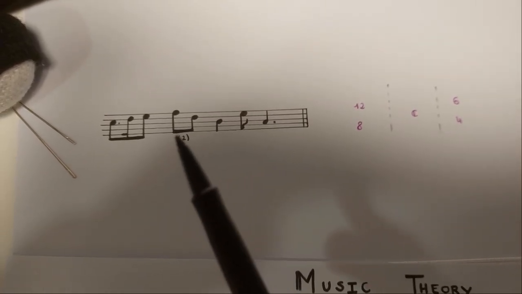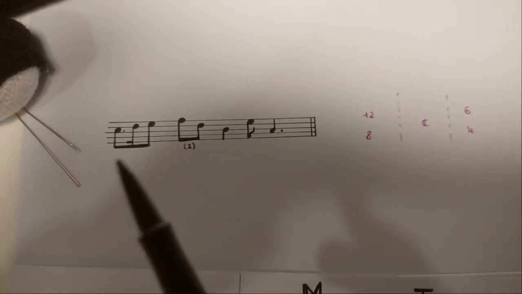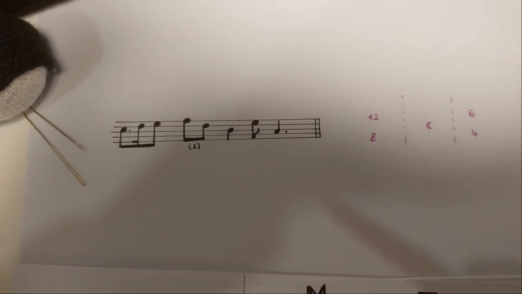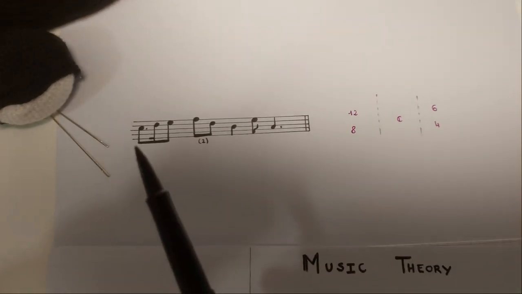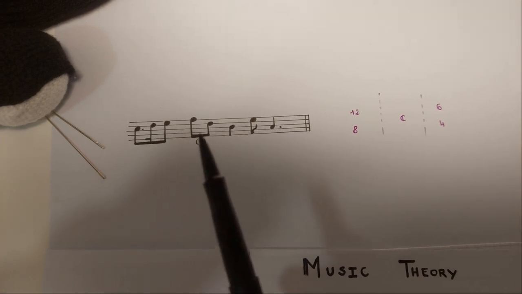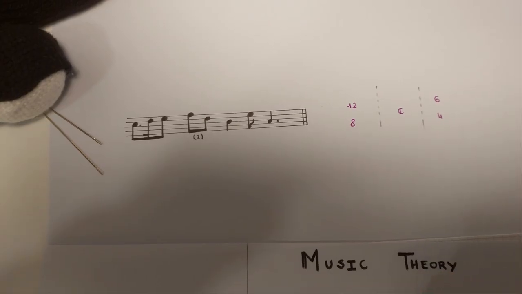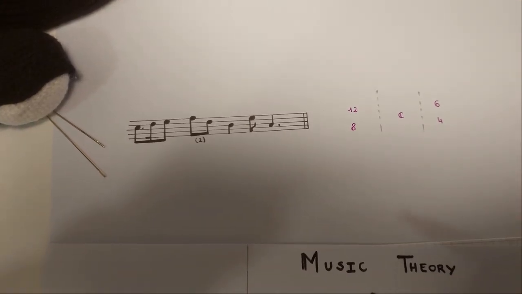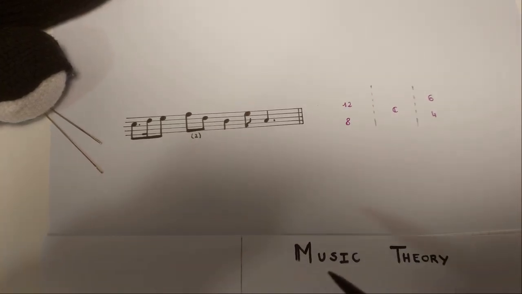This one's a combination of two notes, and this one is a combination of three notes. So each note, for example, if you're on a string instrument, each note means that you have to play one note of your string, so to create one sound with one of the strings.